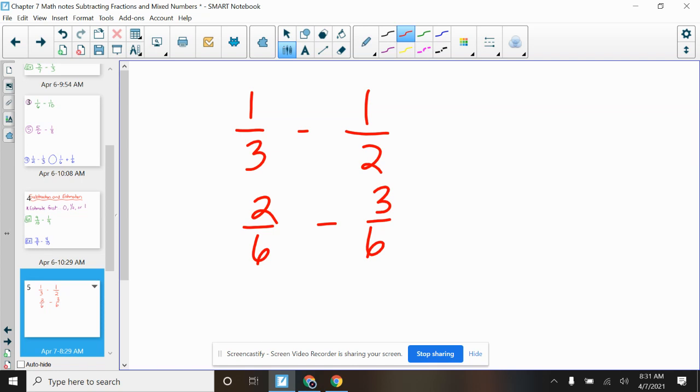The bigger number. So I can't have 2 minus 3. It wouldn't work. So what happened? How did I end up with the 2, which is a smaller number, in front of the 3? Addison? Because 1/3 is smaller than 1/2.